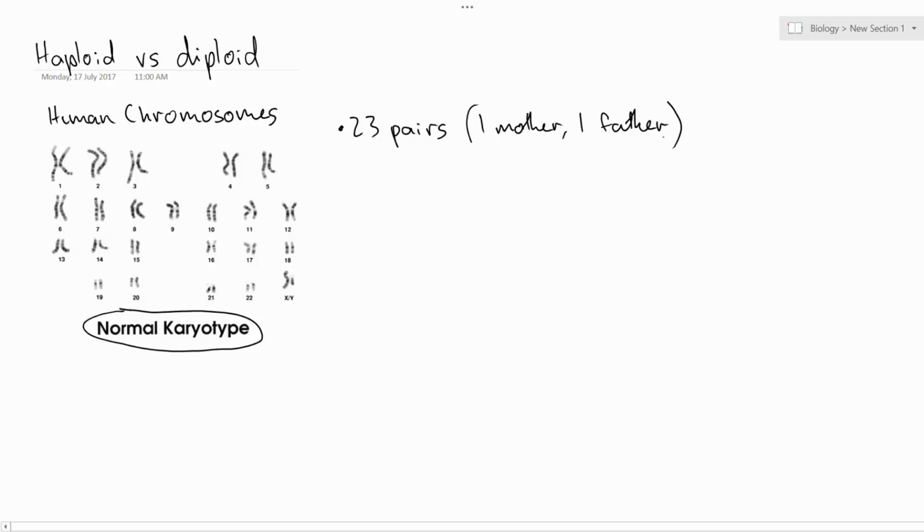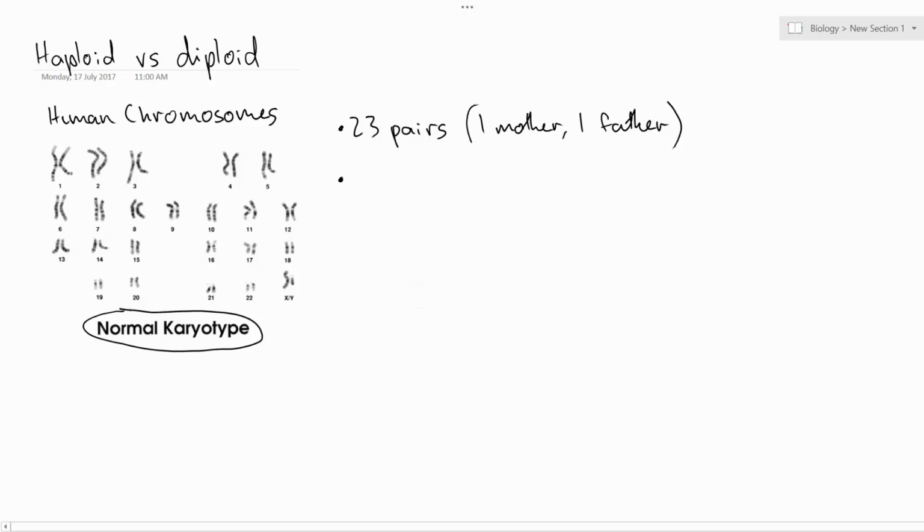So in this particular organism, every one of the somatic cells or mitotic cells in the organism are going to contain this full set of 23 pairs of chromosomes, one from the mother and one from their father. So what we say is this is a diploid cell.